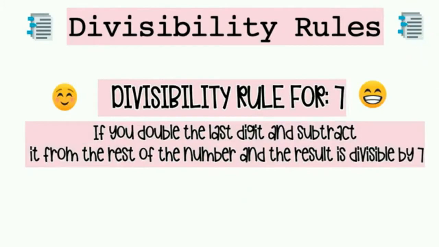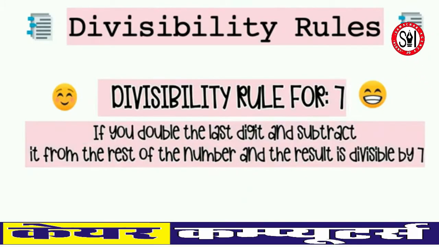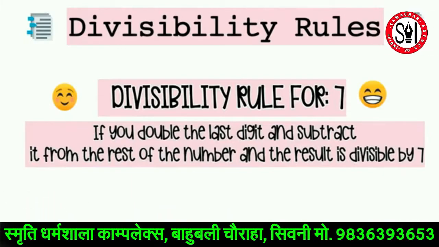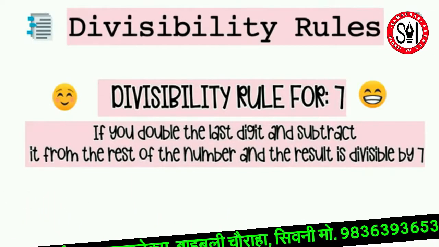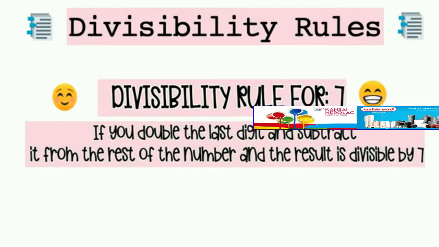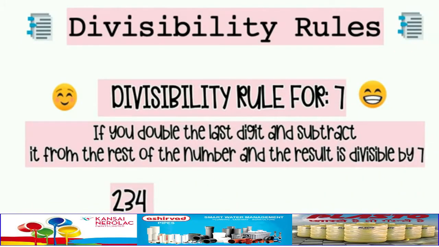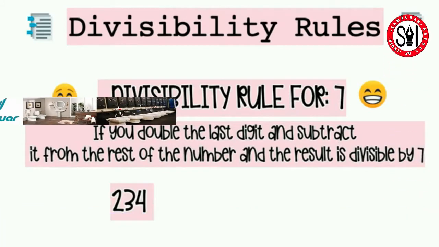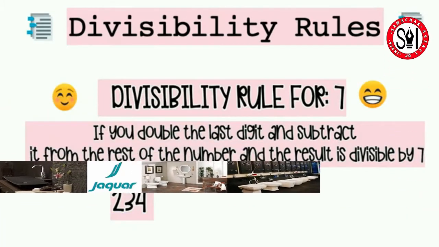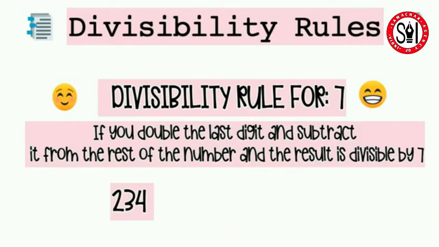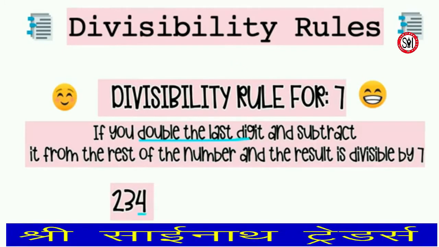So now we're doing the divisibility rule for number 7. It is if you double the last digit and subtract it from the rest of the number, and the result is divisible by 7. So our example is going to be 234. It says to double the last digit, so we'll double the 4 into an 8.